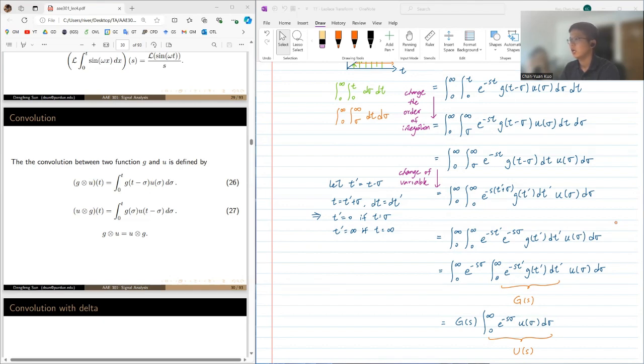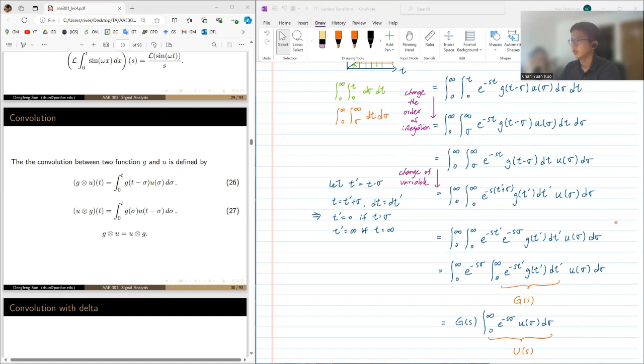So here, after introducing t prime into this expression, what we'll get in the end will be this expression here. And you can see now the integration range is from 0 to infinity, and the integrand becomes e to the negative s times t prime plus sigma times g of t prime with respect to t prime.